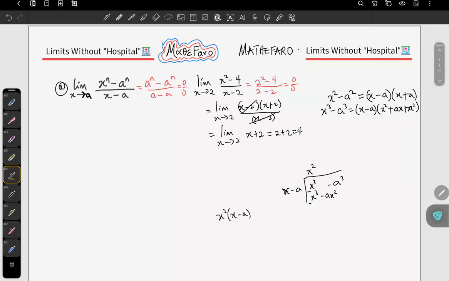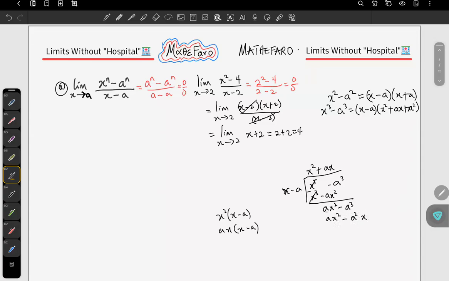So in the long division, the next step is for us to do subtraction. So this cancels this, and we are left with ax squared minus a cubed. And the next thing is to say x in ax squared, that is plus ax. And if we multiply ax by x minus a, we get ax squared minus a squared x.